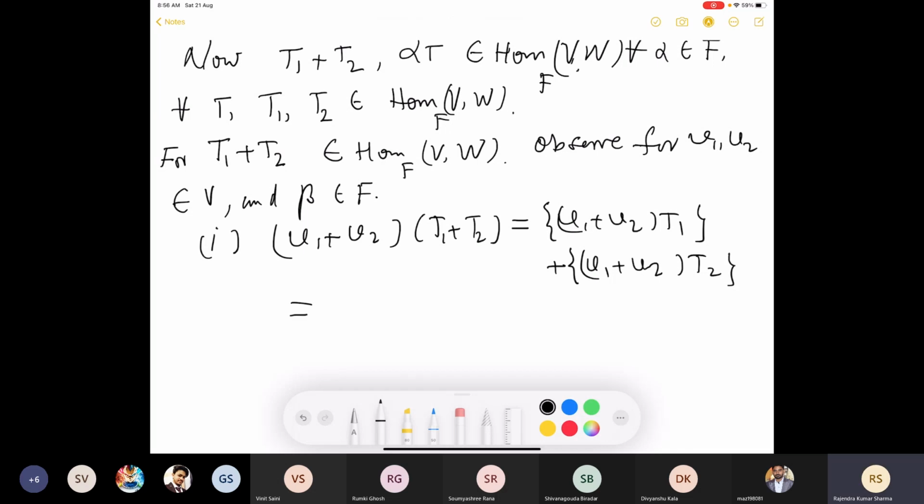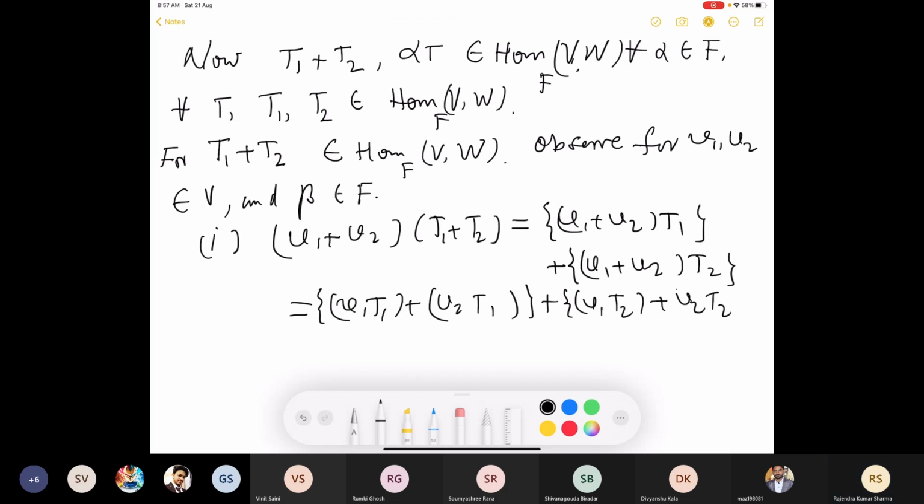T1 is a homomorphism, and therefore this is v1T1 plus v2T1 plus v1T2 plus v2T2.